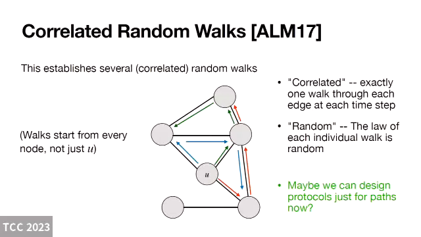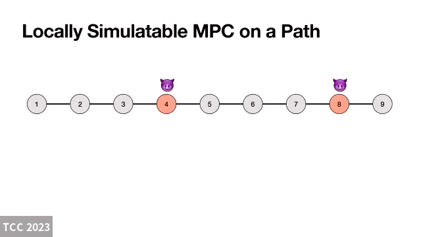Okay, and so why is this useful? Well, maybe we can just design protocols for paths now, which should be an easier task. And for this, I'll start with defining locally simulatable MPC on a path. So let's say we have an MPC protocol, and these two nodes, 4 and 8, correspond to corrupted parties.